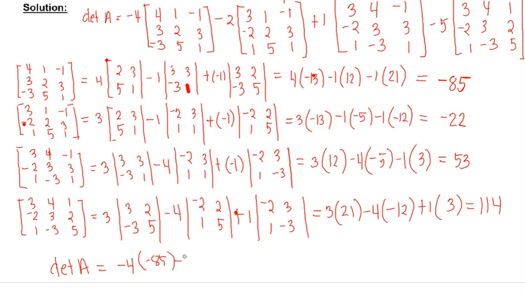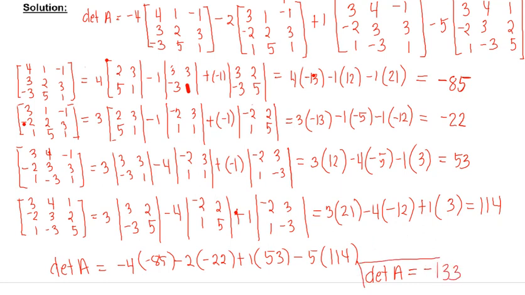Next, minus 2 times negative 22. Next, plus 1 times 53 minus 5 times 114. So our determinant of A is equal to negative 133.